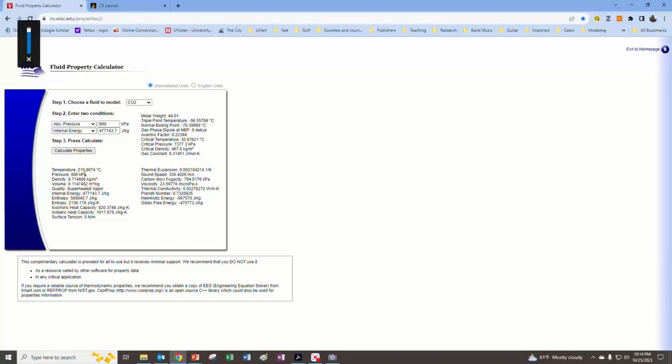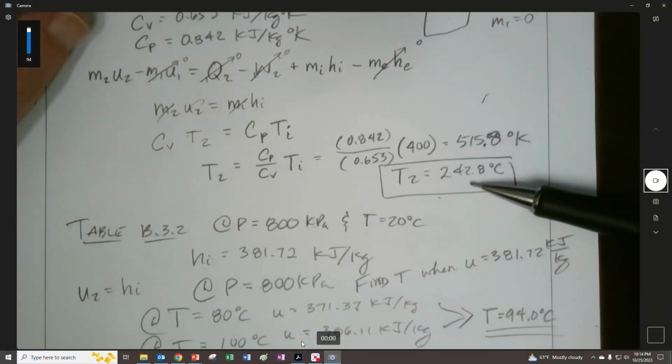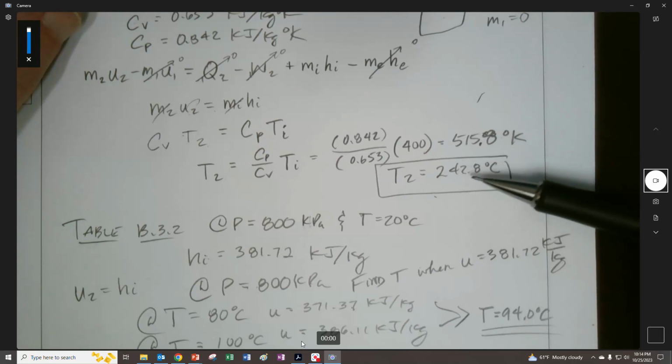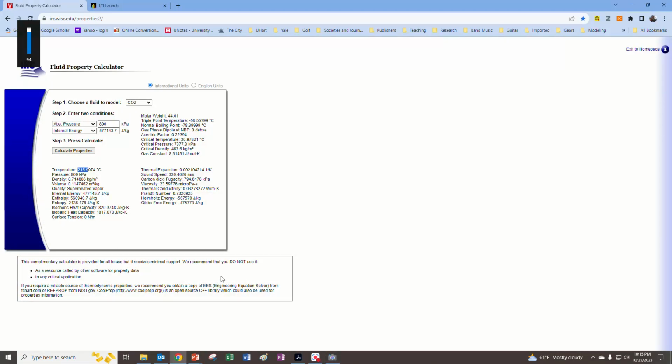And what we find, we get 215 degrees compared to what I found from the specific heat. So that didn't do too well. That was from their tables. We couldn't use our tables because our tables don't go up that high, and I don't think there's something wrong with our tables. That's what I took from that.